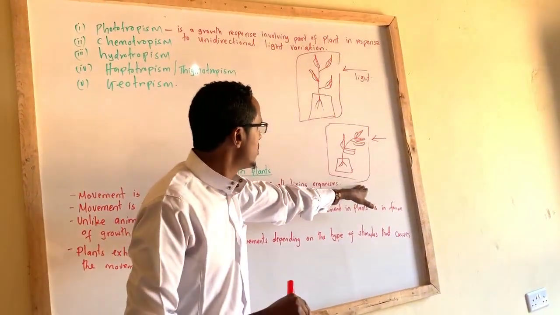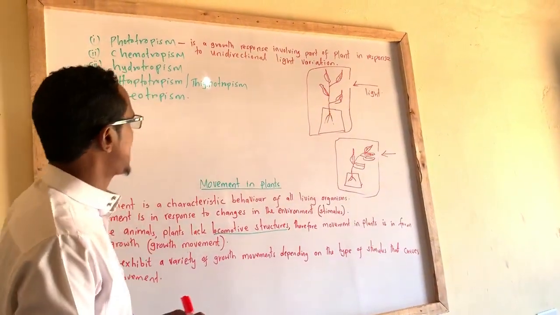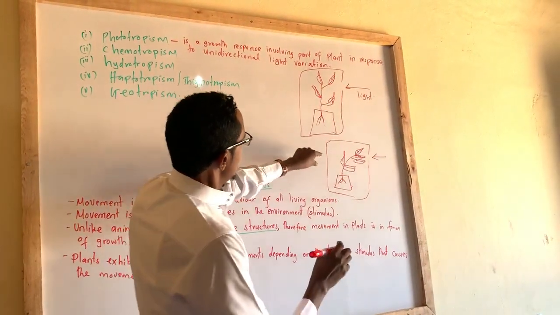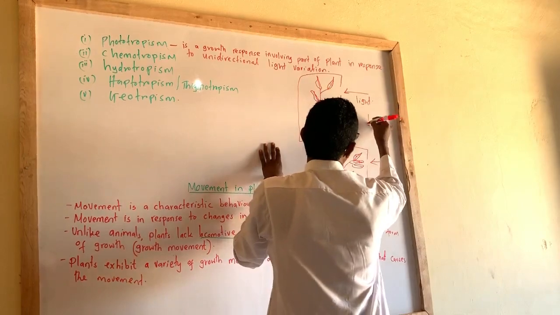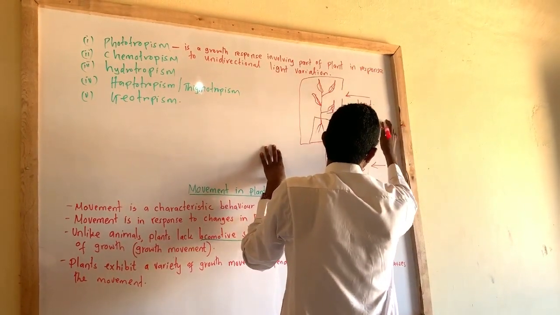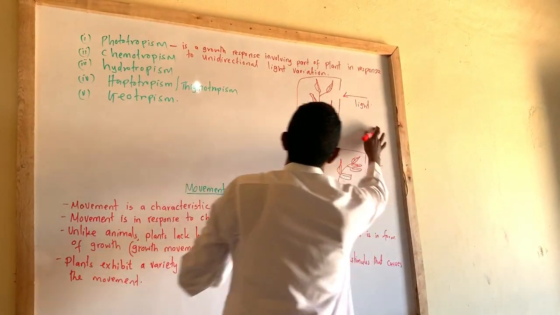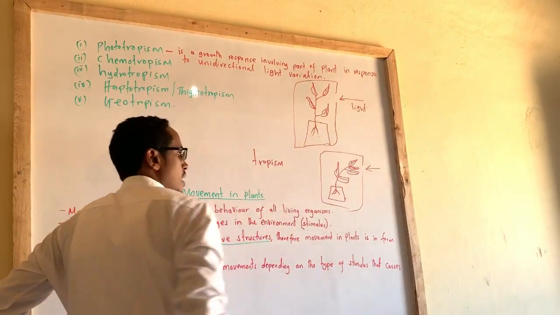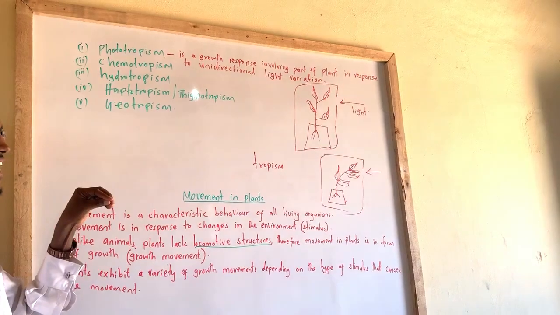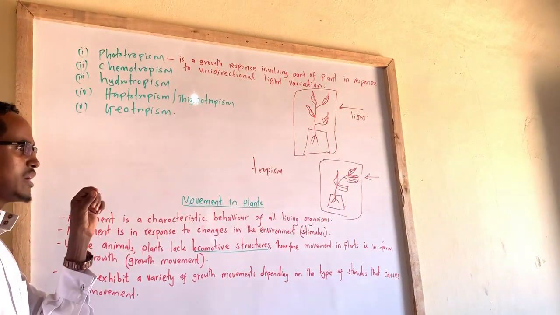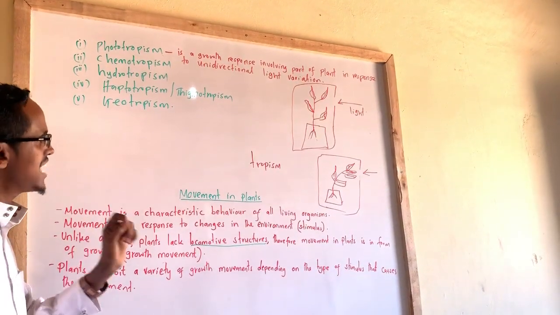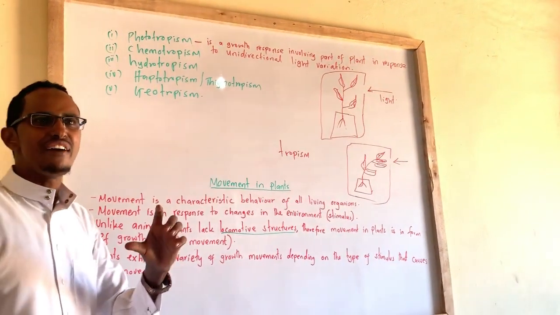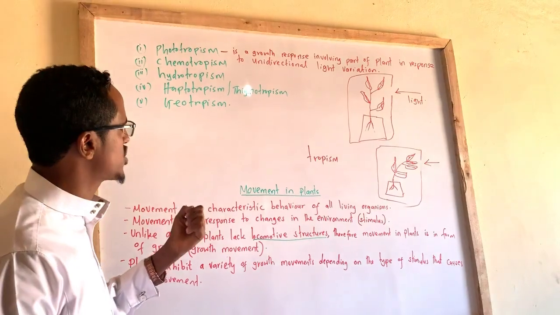This is an example of growth movement in plants. The response is tropism. But what is the specific kind of stimulus that is eliciting this particular response?